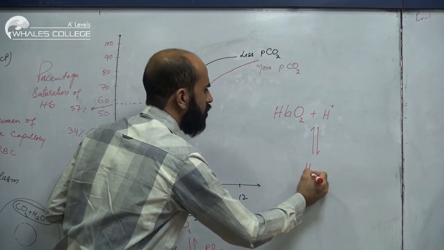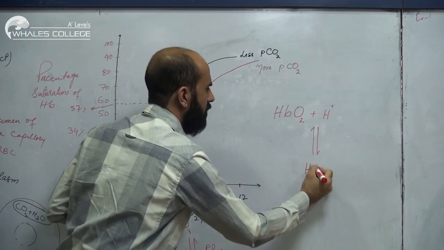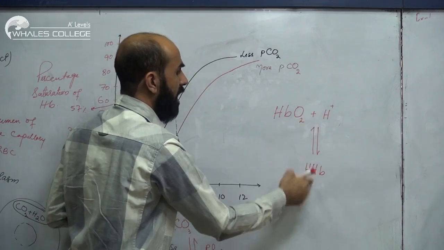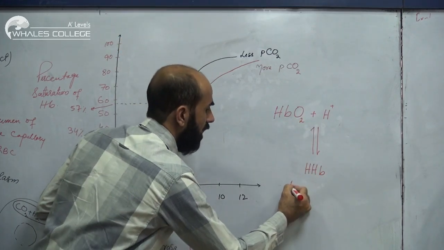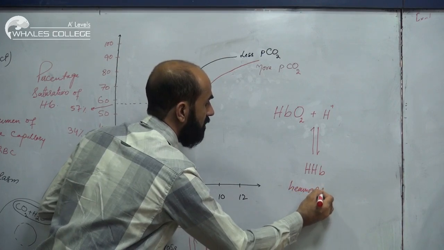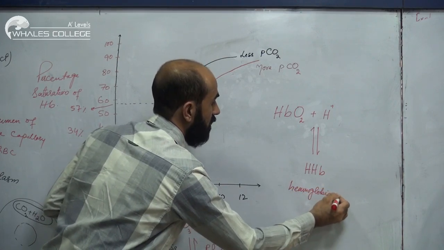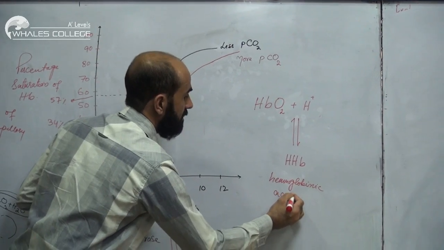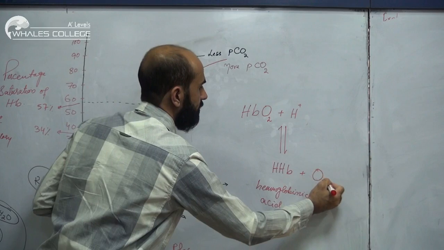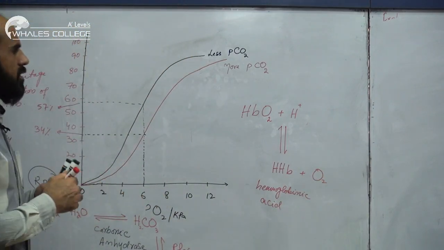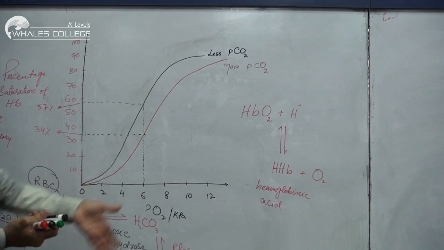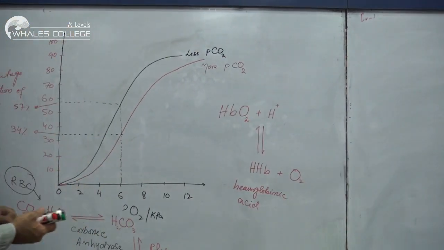Here H reacts with the hemoglobin and it makes HHb, and this is called hemoglobinic acid. Hemoglobinic acid is a compound, and it will release oxygen. Now this oxygen can easily diffuse out from the RBC because it is now unloaded by this hydrogen.